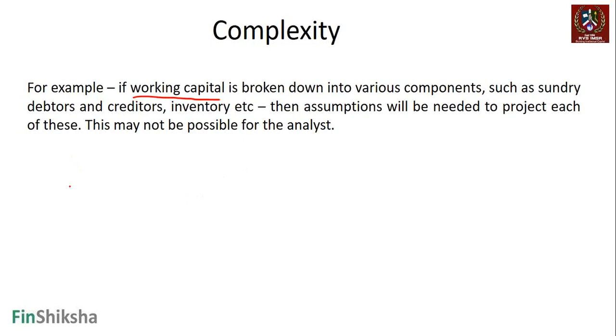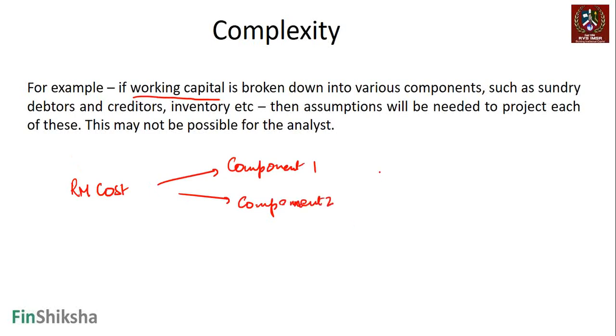But in some cases, for example, if I'm trying to break raw material costs down into component 1 and component 2, right? Let's say there are two inputs that go there. It is important for me to have a view on both these components. Let's say steel goes in and aluminum goes in building a car.